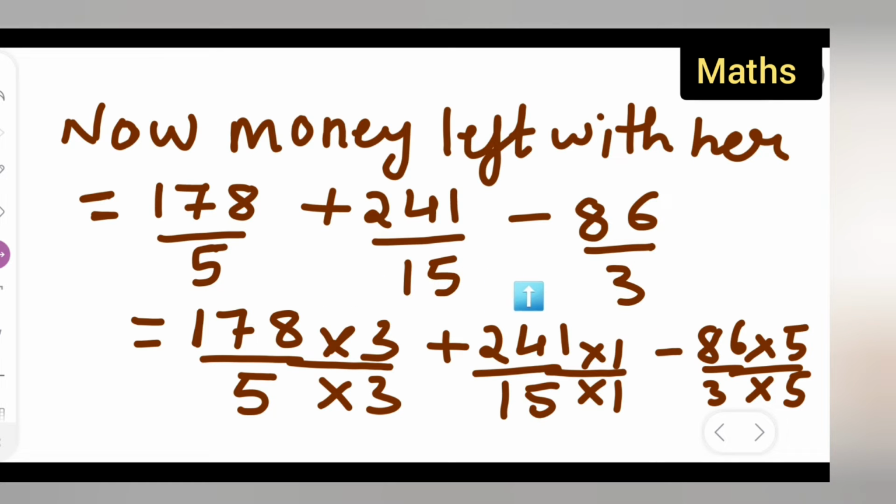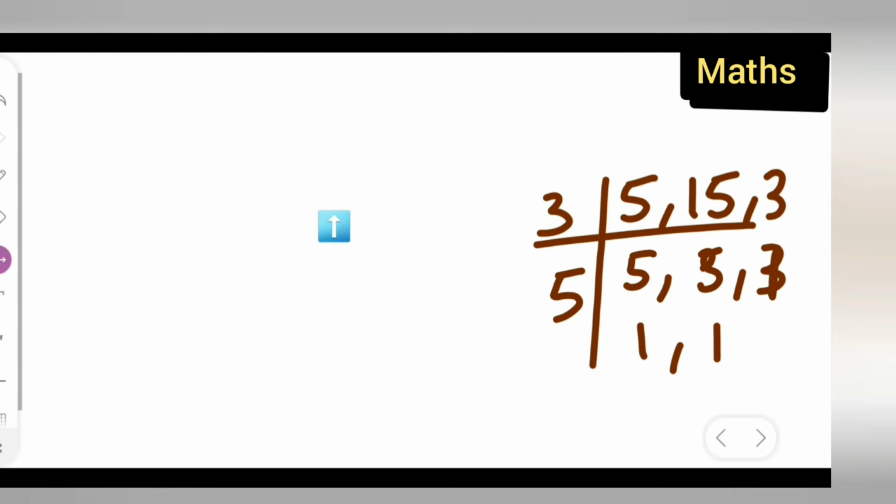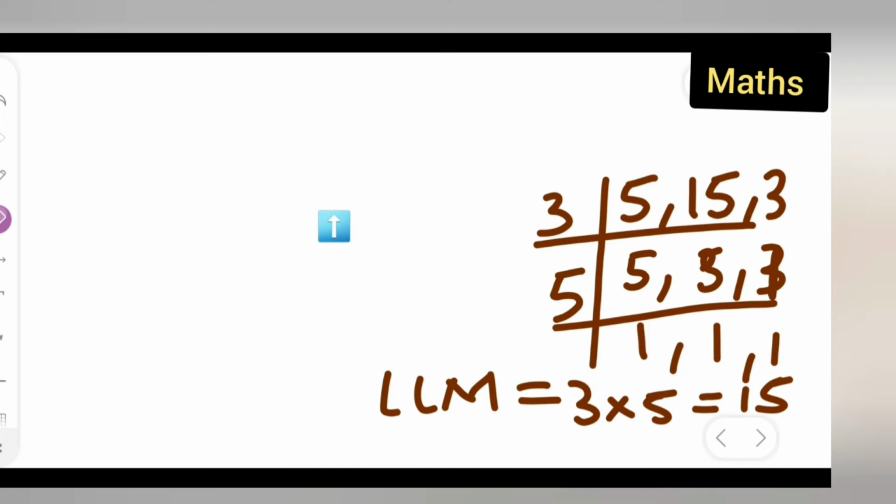Now take the LCM of the denominators. You will get the LCM to be 15, since 3 times 5 is 15.